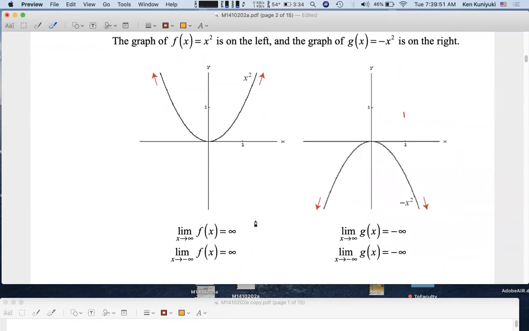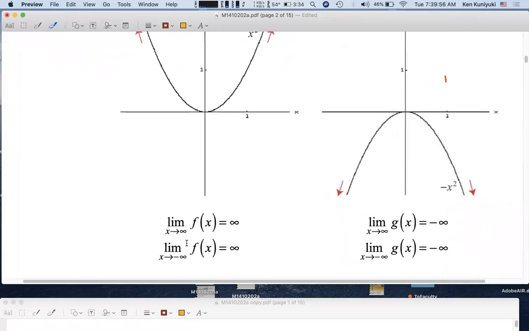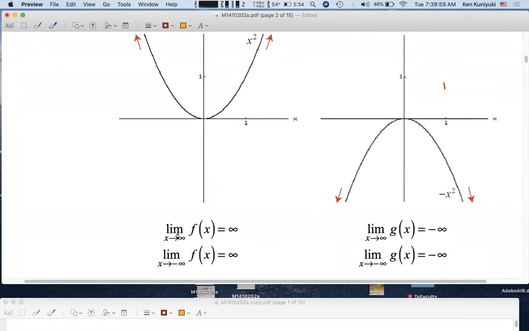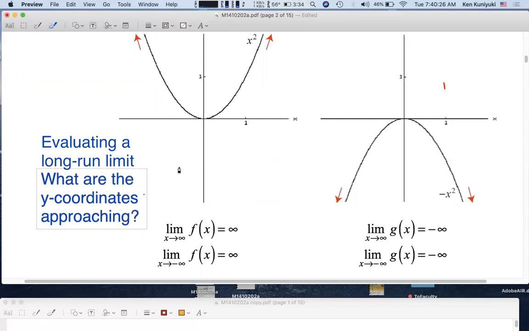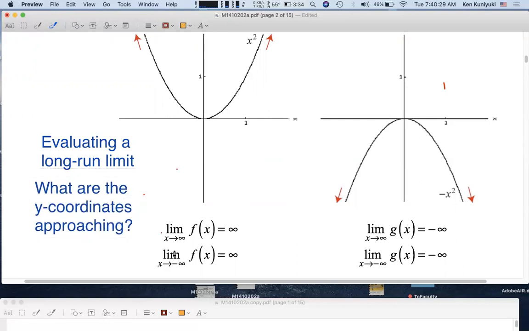Now, in the homework, you're expected to be able to evaluate these kinds of long-run limits. The limit of f of x as x approaches either infinity or negative infinity. Basically, when you're asked to evaluate a long-run limit, you're being asked the question: what are the y coordinates approaching on the graph as x approaches either infinity or negative infinity?